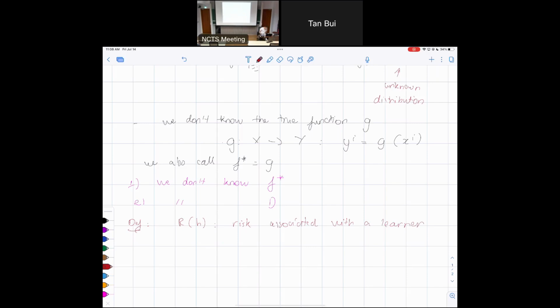So a learner H, where H is a function from some space, and typically we call it the hypothesis space.